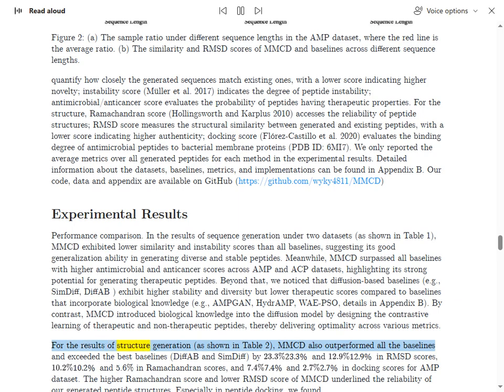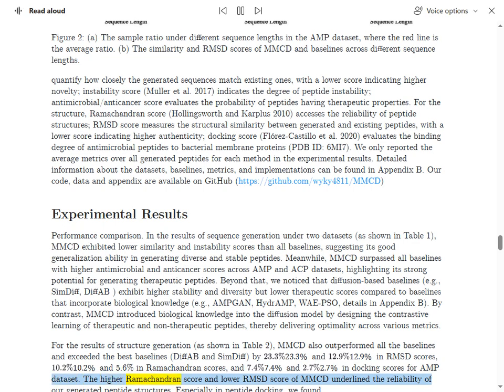For the results of structure generation, as shown in Table 2, MMCED also outperformed all the baselines and exceeded the best baselines, DiffAB and SimDiff, by 23.3% and 12.9% in RMSD scores, 10.2% and 5.6% in Ramachandran scores, and 7.4% and 2.7% in docking scores for the AMP dataset.